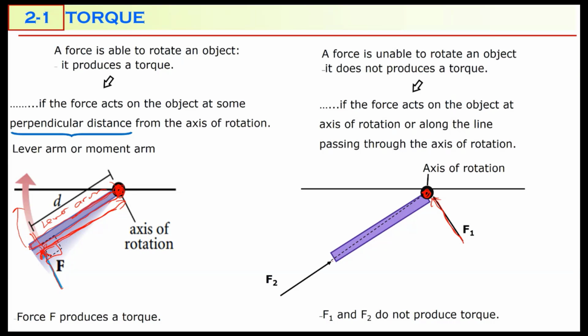F2 is pushing this ruler, but its extension passes through the axis of rotation. Neither F1 nor F2, none of them can rotate this ruler. None of them can produce a torque. That's why we say F1 and F2 here do not produce a torque, but F on the left side produces a torque and starts the rotation of the object. So I have a ruler here.